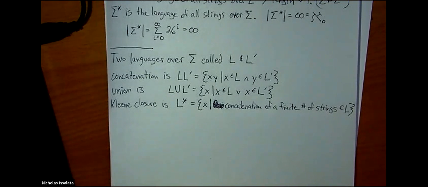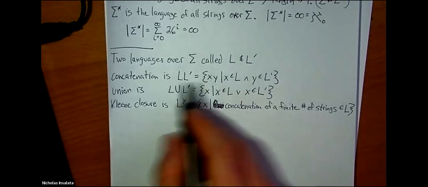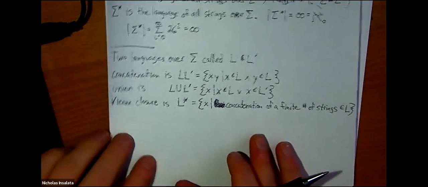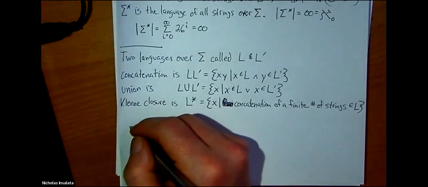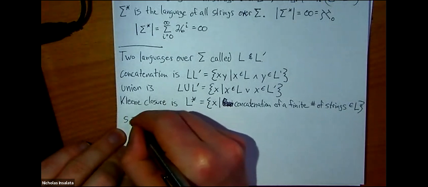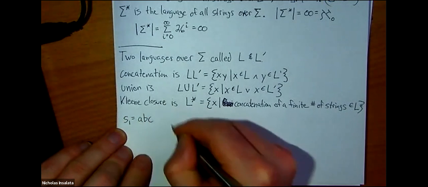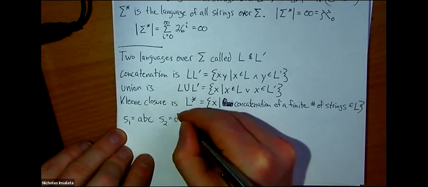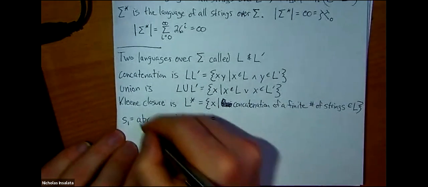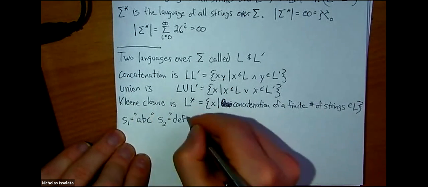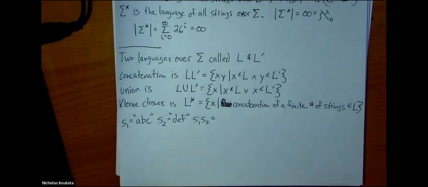Concatenation is not commutative. Yeah, so we're going to do some examples, right? So let's just concatenate two strings, first of all. This is a string concatenation. This is a language concatenation. So let's just say we have two strings, right? If I have string 1, let me just call it S1 equals "ABC", and S2 equals "DEF", then what would be S1 S2? Let me make these string literals in the usual C++ denotation.